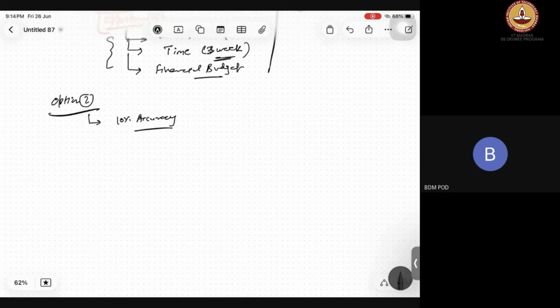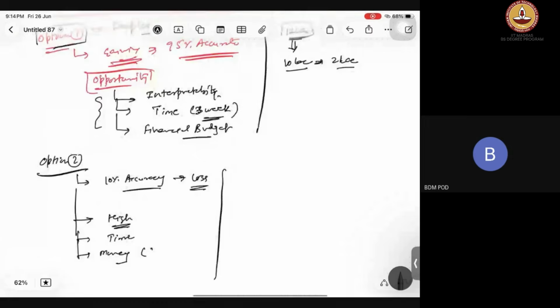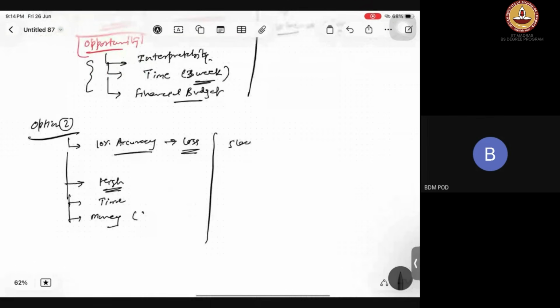What you gain is high interpretability, so you can interpret results in a better way, and you save time and money, because you don't have to acquire a lot of computation resources. Suppose you can complete the same project in 5 lakh rupees. Then the rest, 7 lakh, is your profit.